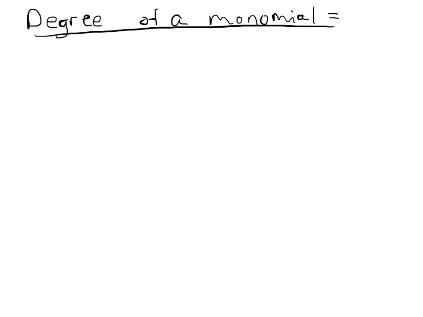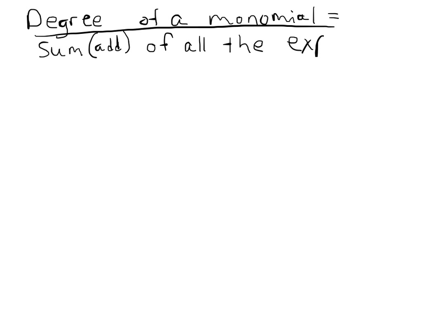Okay, the degree of a monomial is simply the sum. We know sum means what operation? It means add. Okay, the sum of all the exponents on all the variables.